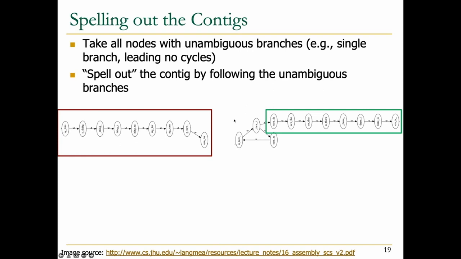You do this again for all, let's say, unconnected graphs, because these two subgraphs do not connect anymore, so you basically do the same thing for the next one. Here we don't start from this node or this node because there's a cycle here. We start from the unambiguous node where there is no cycle, so that we can just continue in a linear fashion without getting into any cycle or any ambiguity.